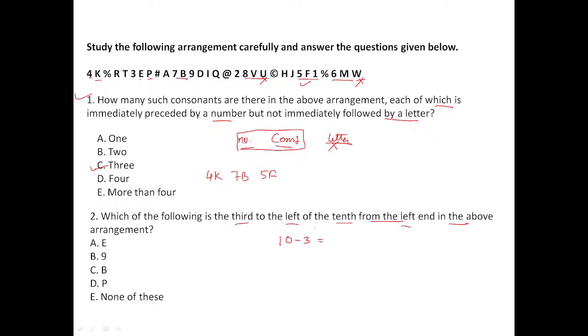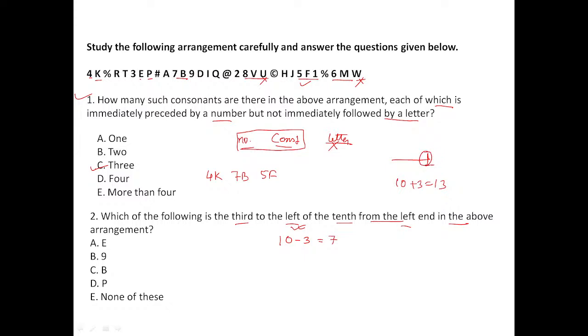When 2 directions, 2 left or 2 right, are given in this kind of alphanumeric question. If it said third to the right of the 10th from the left, then what would you do? Third to the right of the 10th from the left.